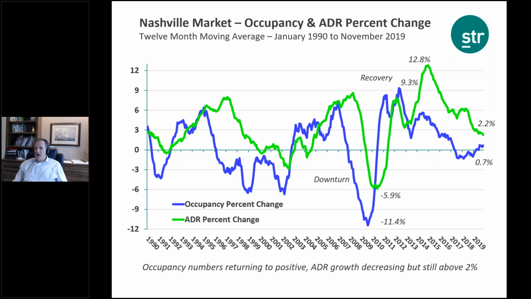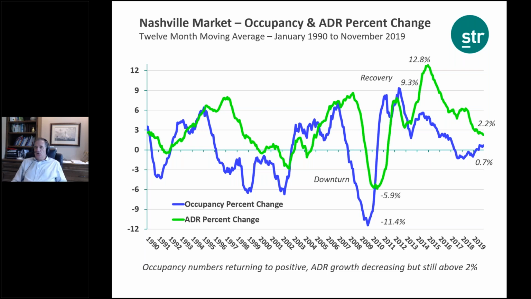And you're going to see occupancy and ADR, occupancy in blue, ADR in green. Now you'll see ADR increased at most points in time during history. There was a small point in time in 2002 where ADR was negative, and there was a small time in 2010 where ADR was negative.